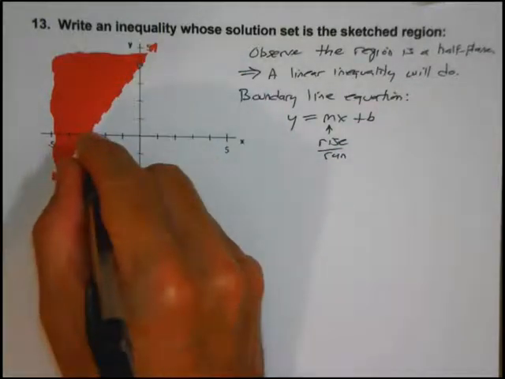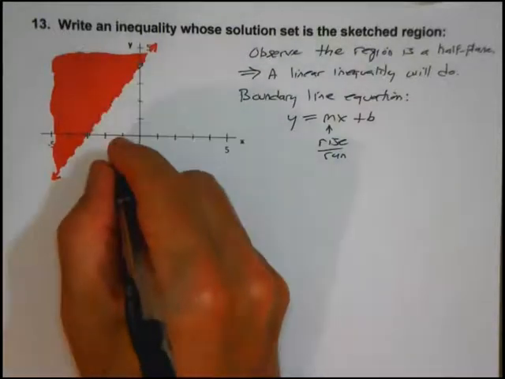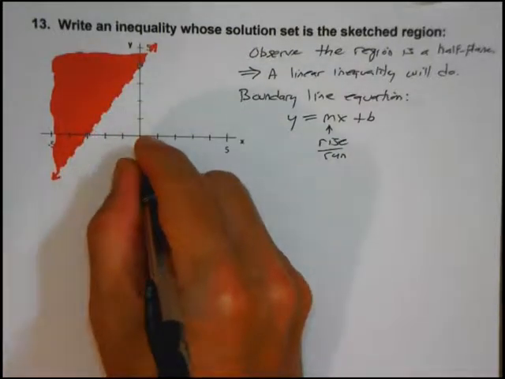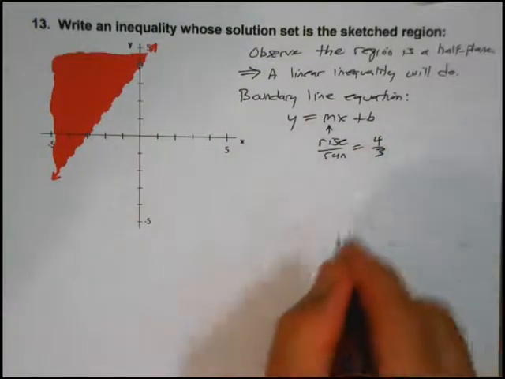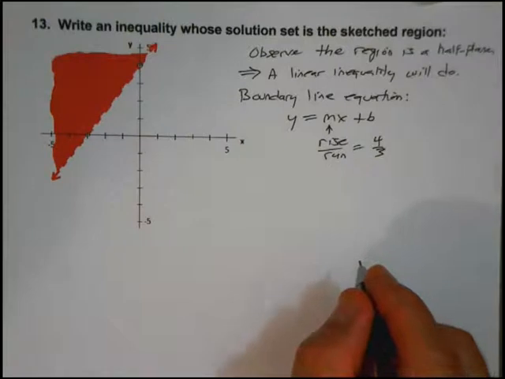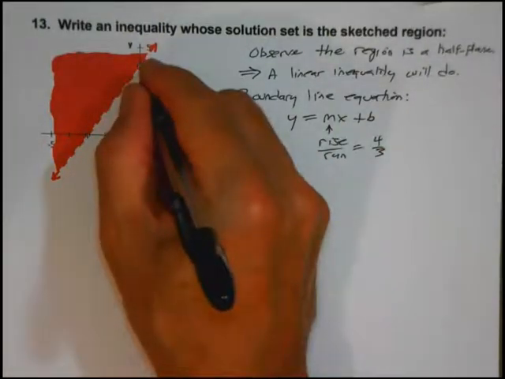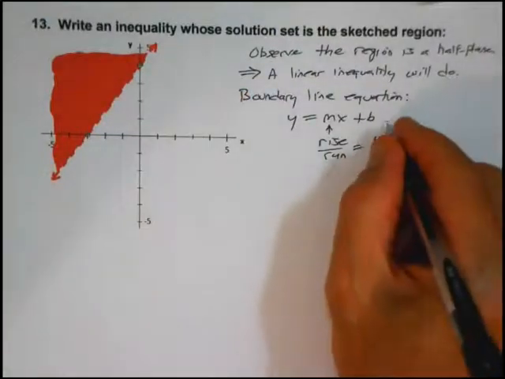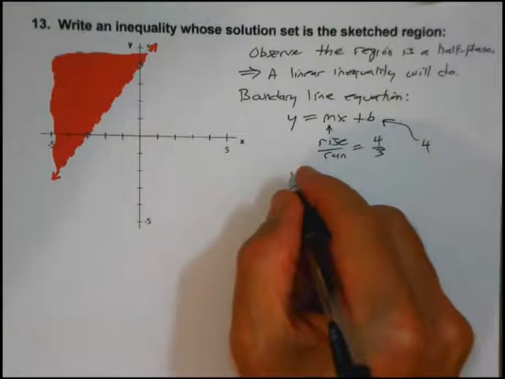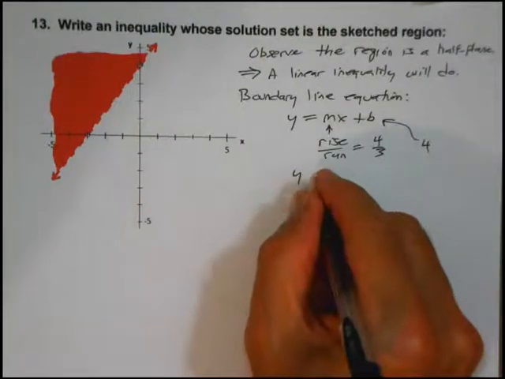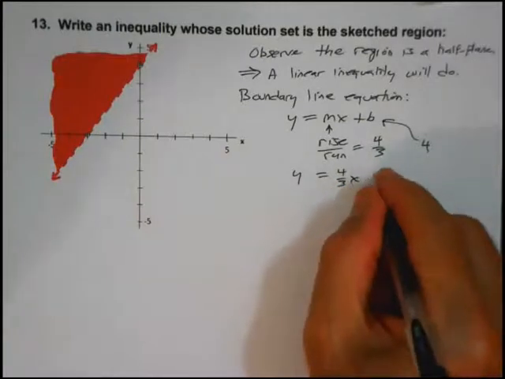From this point, the rise is 1, 2, 3, 4. The run is 1, 2, 3. Rise over run, 4 over 3. That will give us our slope. b is the y-intercept. Clearly here, it's 4. So our boundary line looks like y equals 4/3 x plus 4.